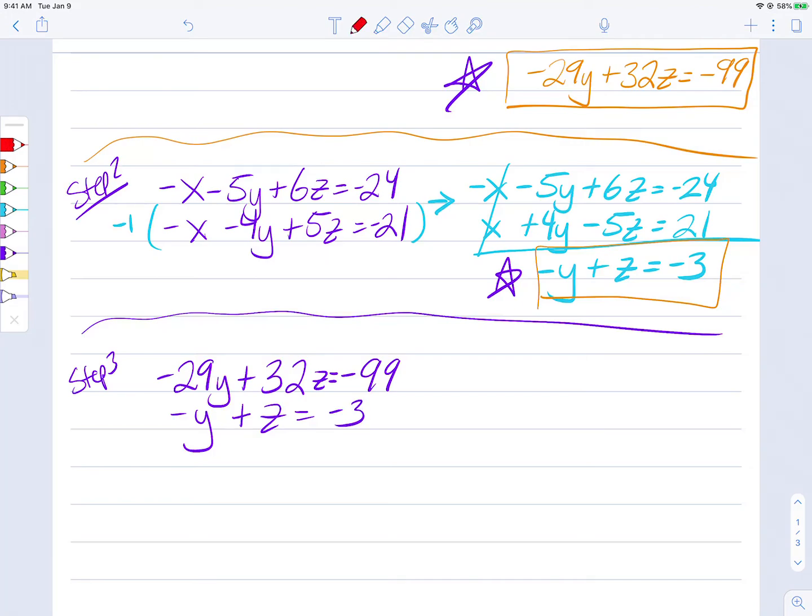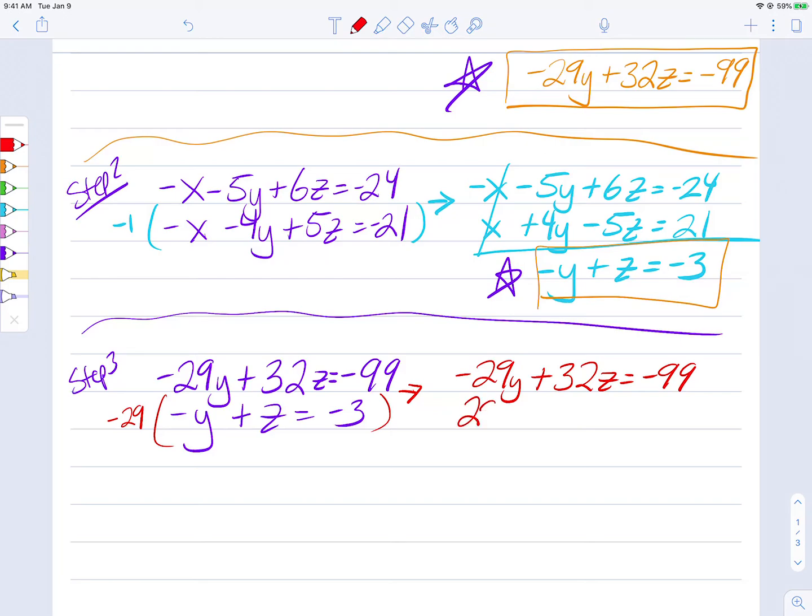Okay, I'm going to eliminate one of my variables. Does not matter which one, I only got two of them. I multiply the bottom equation by negative 29. So I'm going to leave the very top equation alone, and the bottom equation is going to get multiplied by negative 29.